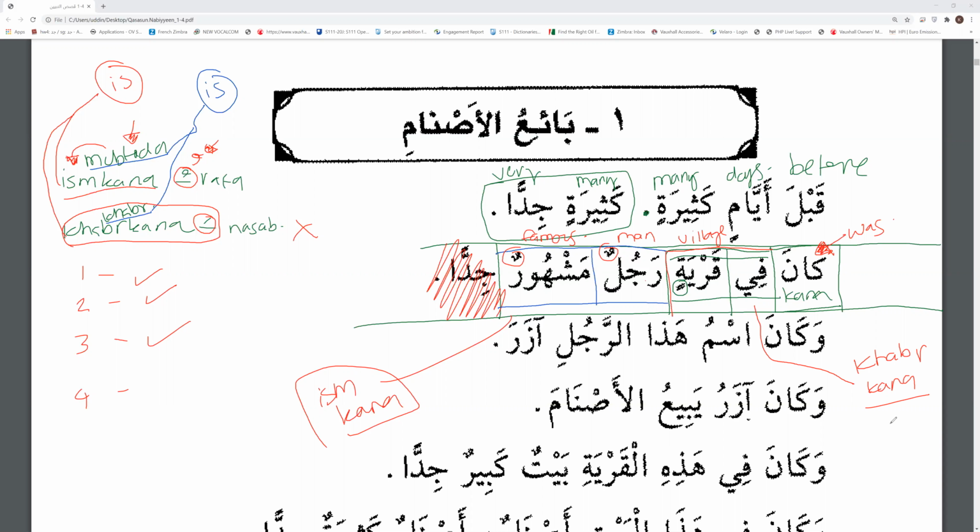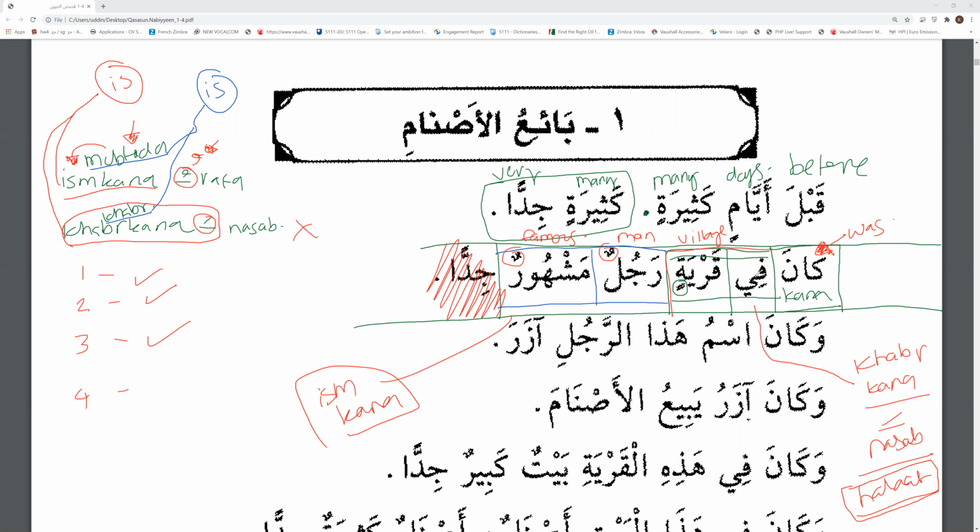But hold on. You said khabar kana reflects with a nasab. Right? Yes, that hasn't got nasab on it. So look, that's why the word halat is very important. Halat means the state of this entity. The state of this entity is in the state of nasab. It actually is a nasab.